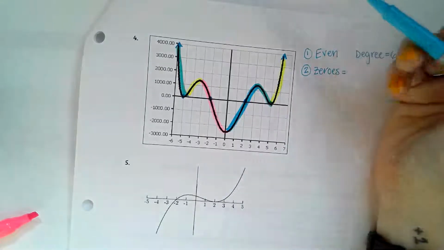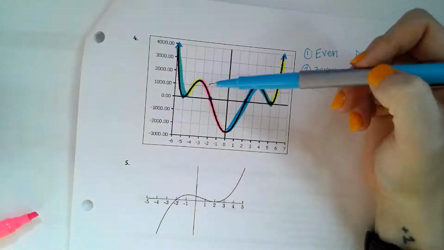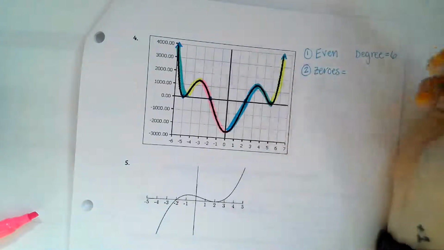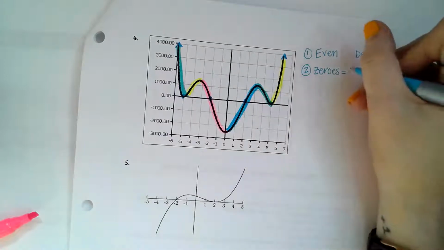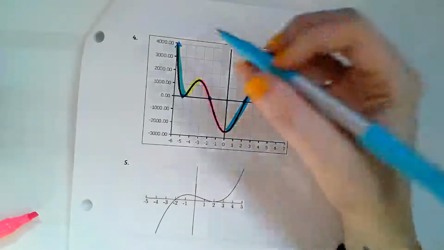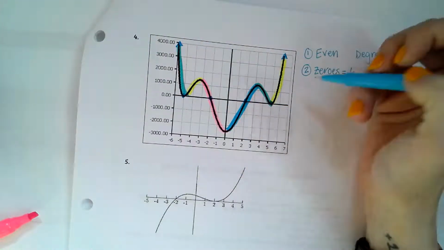Now, here's a case where you actually have 6 zeros. So let me talk about that for a second here. So our degree, or our zeros, is 6. So we just put only 4 dots on here though.